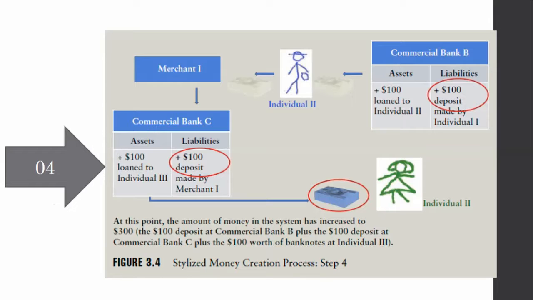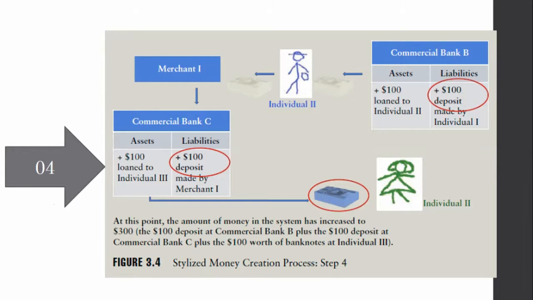Then this $100 will again be lent out by C to earn an income, right? Let's suppose that individual 3 received this loan, then $100 is with individual 3. Now how much is the money in the system?